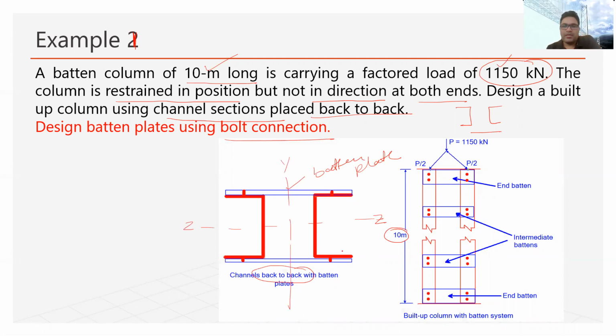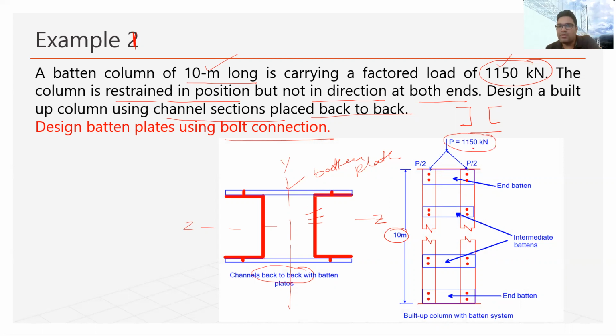In this design, what are we supposed to do? First of all, we have to decide the size of this channel section. As per the IS code, both channel sections should be of the same size, and the load carried by the whole column is 1150.